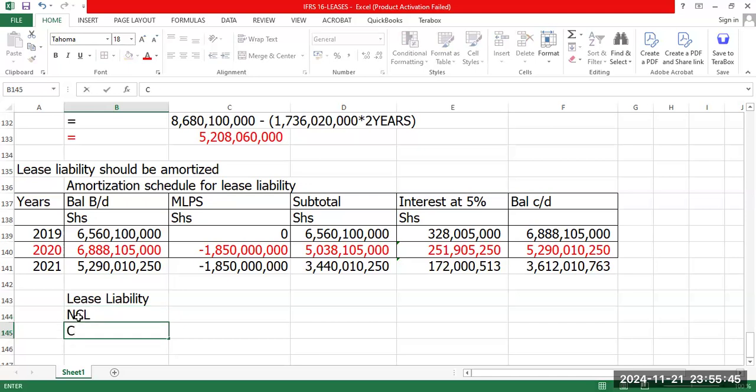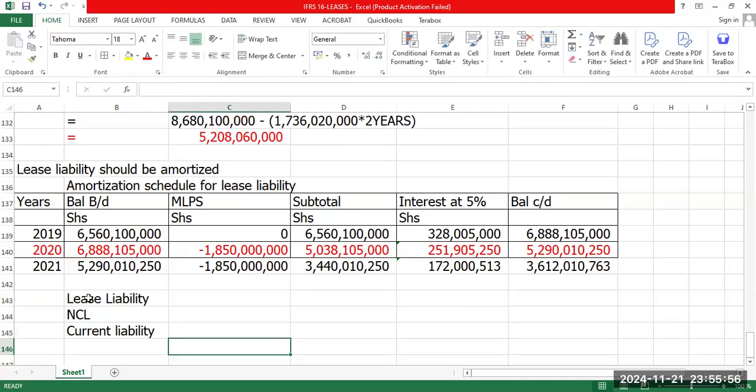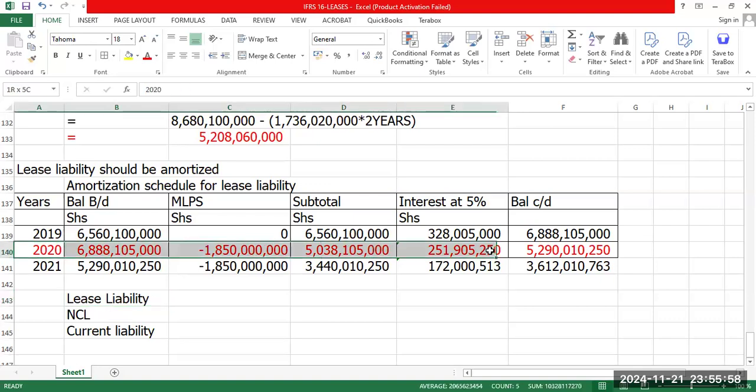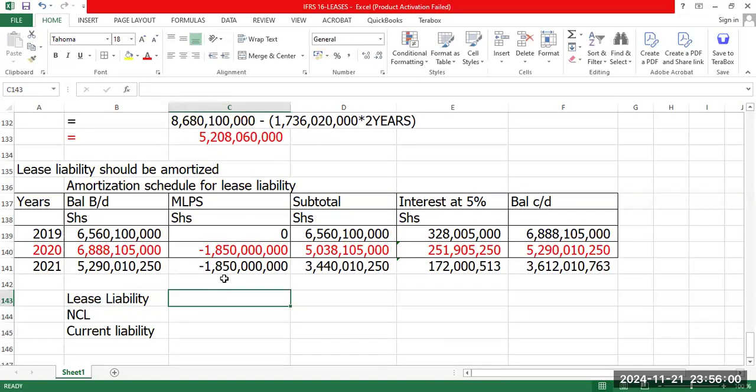What is your current liability? And when you're handling payments made in advance, there is liability, of course, for 2020 in this one. That is the balance carried down. But the non-current liability, you need to pay attention here.